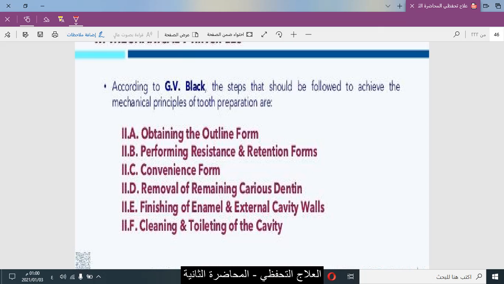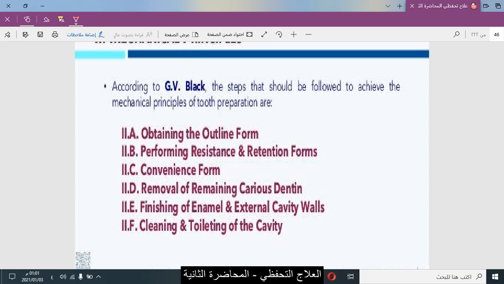Sometimes we do two cavities. If the distance in between is 0.5 millimeter or less, for example when we do adhesive restoration, or less than 2 millimeter for amalgam, we have to include the two cavities into one cavity.